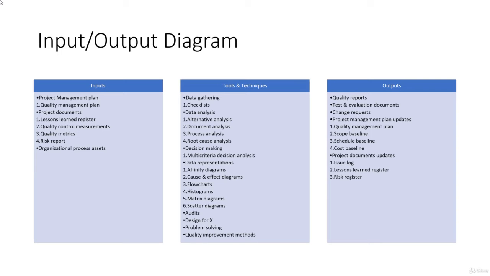Then we have decision making in the form of multi-criteria decision analysis. Data representation is done in the form of affinity diagram. Affinity diagrams are basically used for organizing the potential causes of defects. So let's say we identify certain categories of the defects: coding defect, requirement defect, project management defect.